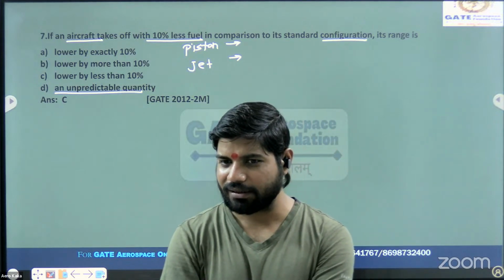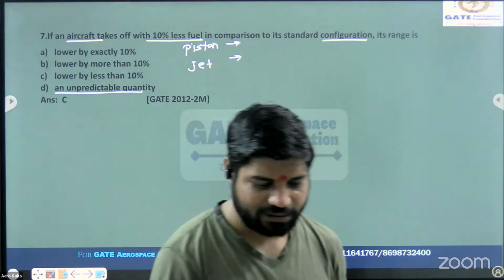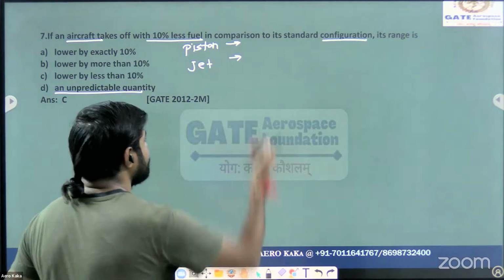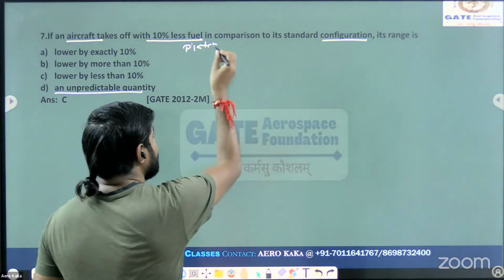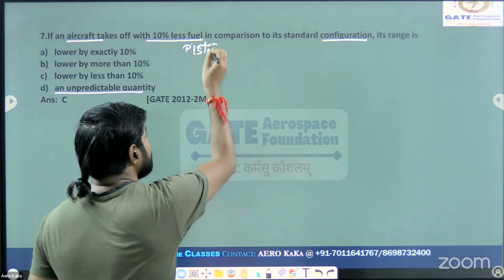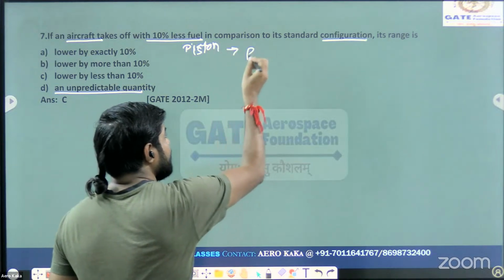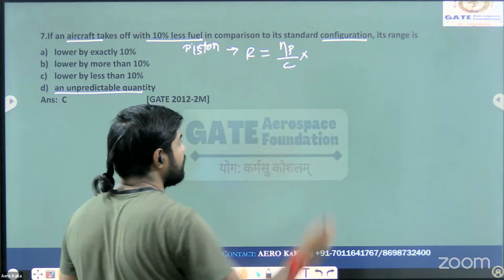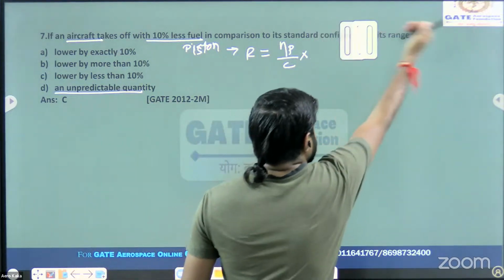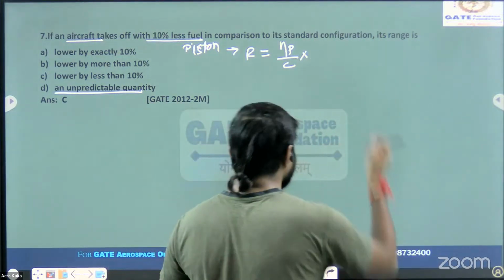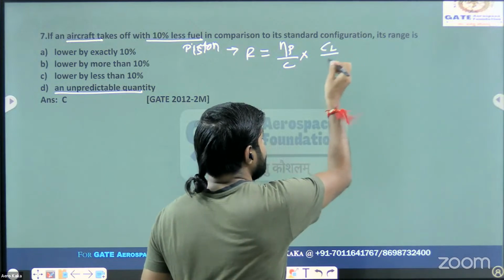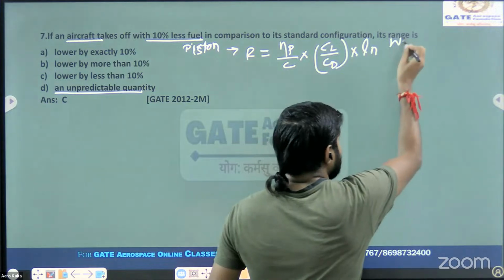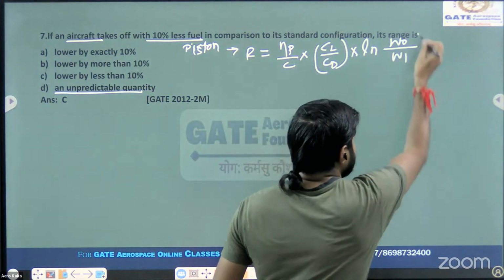Is that clear? So just write down: for piston engine aircraft, R is equal to eta prop by C into CL upon CD into ln of W naught upon W1.